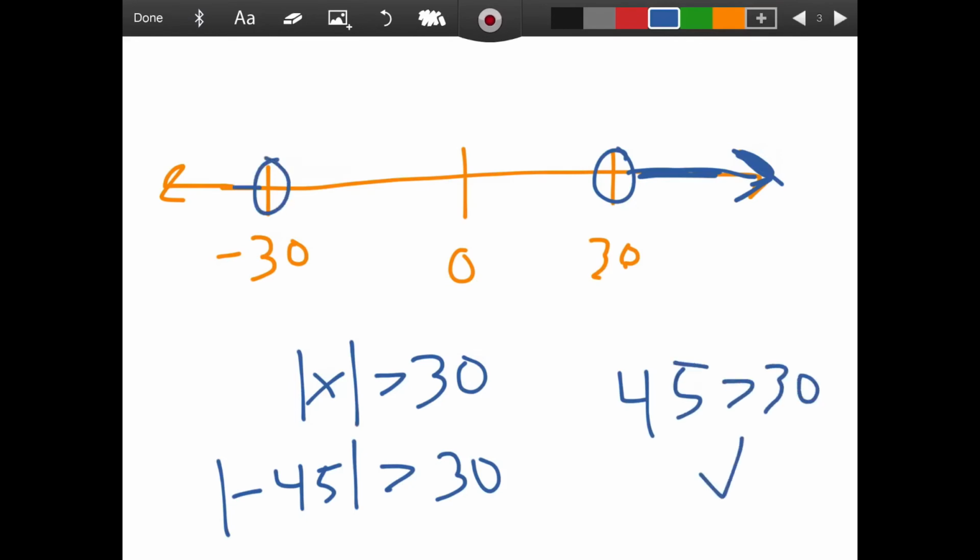So all of these numbers on the number line also work. So just be careful when you're looking at some of these problems, and sometimes drawing a number line and making a little picture will help you.